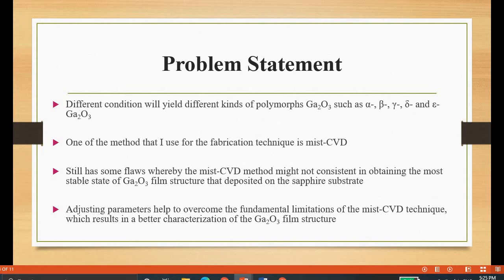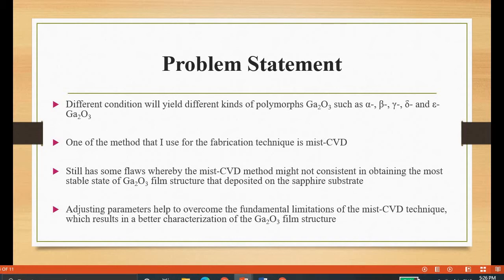This technique still has some flaws, and one of the most obvious problems is that mist CVD might not be consistent in obtaining the most stable state of the gallium oxide thin film originally deposited on the sapphire substrate.